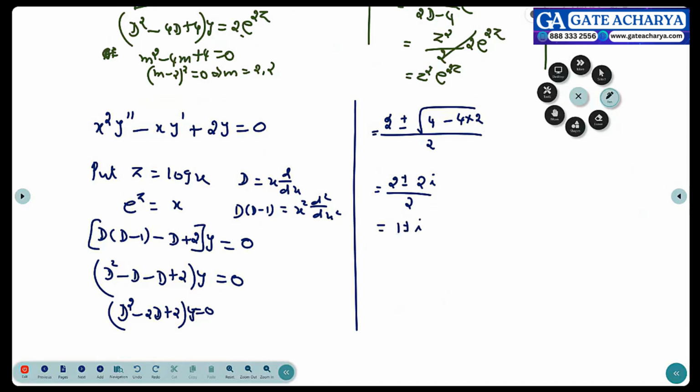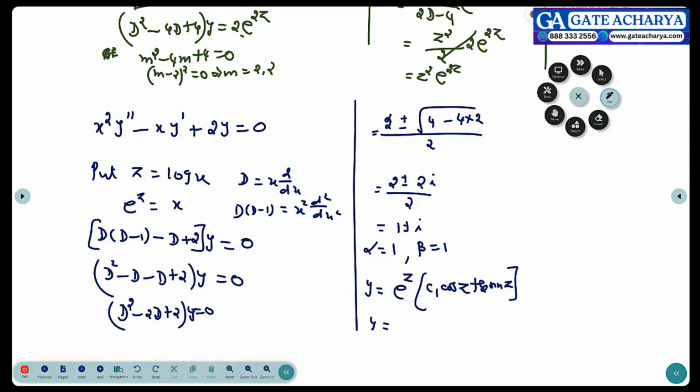So complex roots. Alpha is 1, beta is 1. So what is the complex formula? Therefore, the solution y is equal to e power alpha x, but instead of x we write z, into c1 cos beta x, but write z, plus c2 sin beta x, where beta is 1 and x is z. Again, we change everything in terms of x.